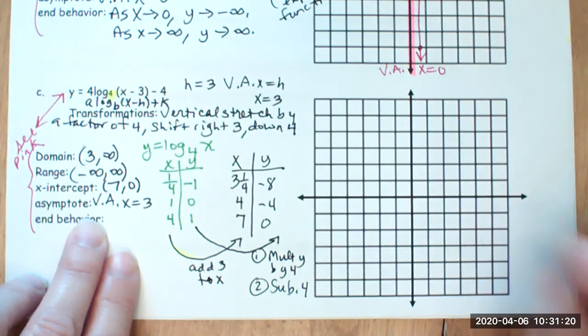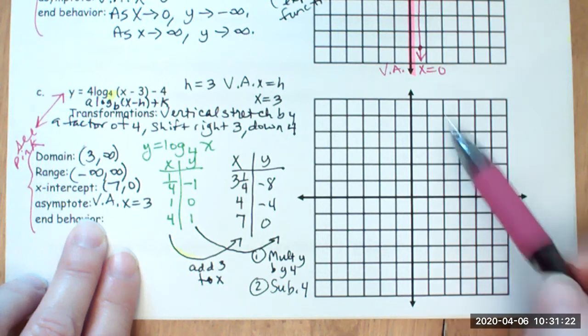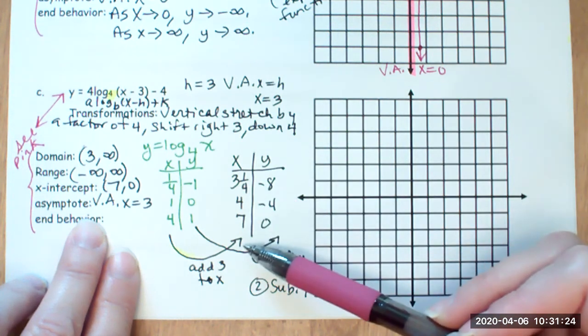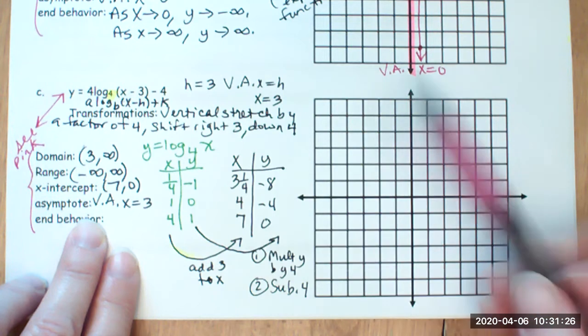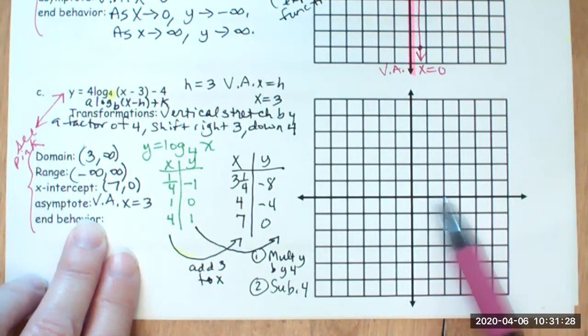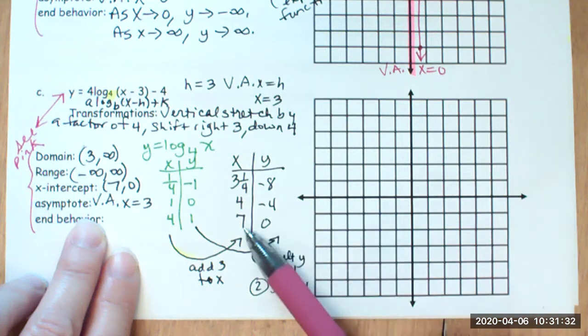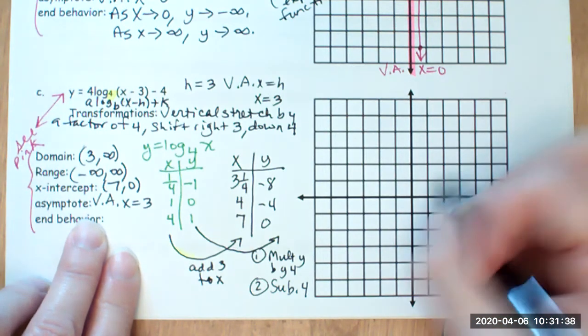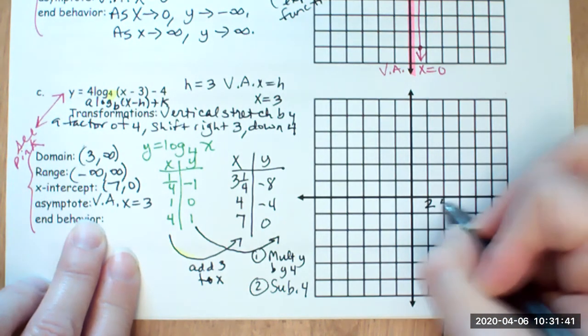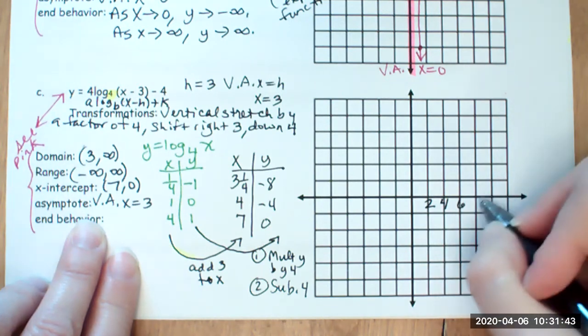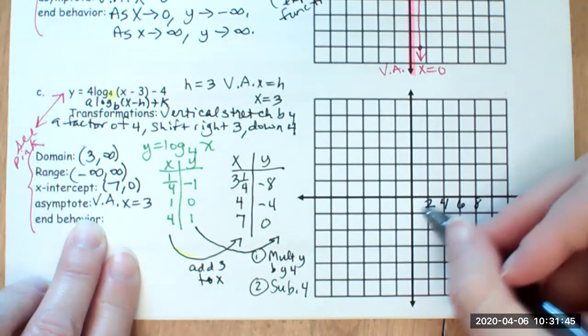So now before I actually graph here, let's pay attention to some of the numbers we have here so we don't run into a problem. Pay attention to the fact that we've got 1, 2, 3, 4, 5, 6 intervals here, but I need to graph 7, 0. So I'm going to count by 2s. I'm going to scale my graph by 2s, okay? And many of you tend to get a little bit lazy when you're labeling your graph, okay? If you're not counting by 1s, don't just label certain axes.